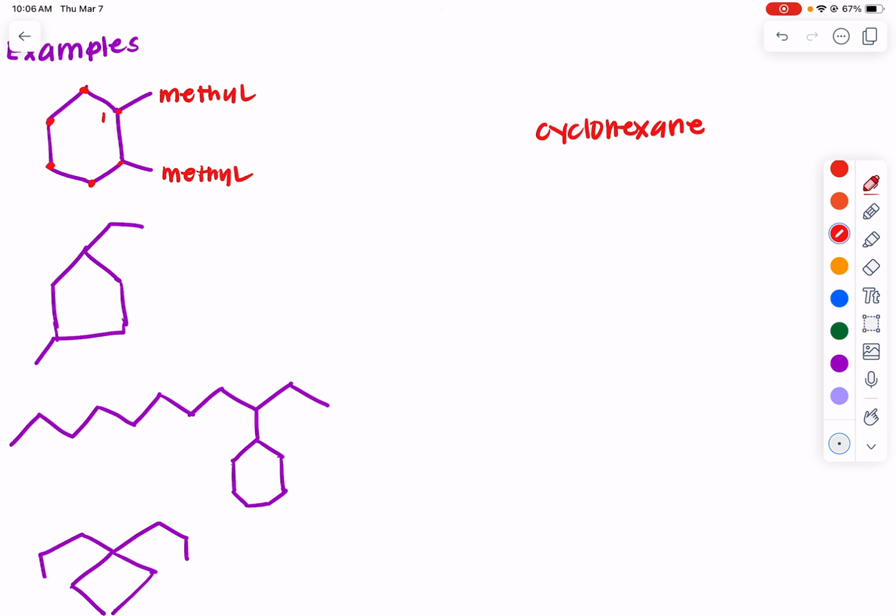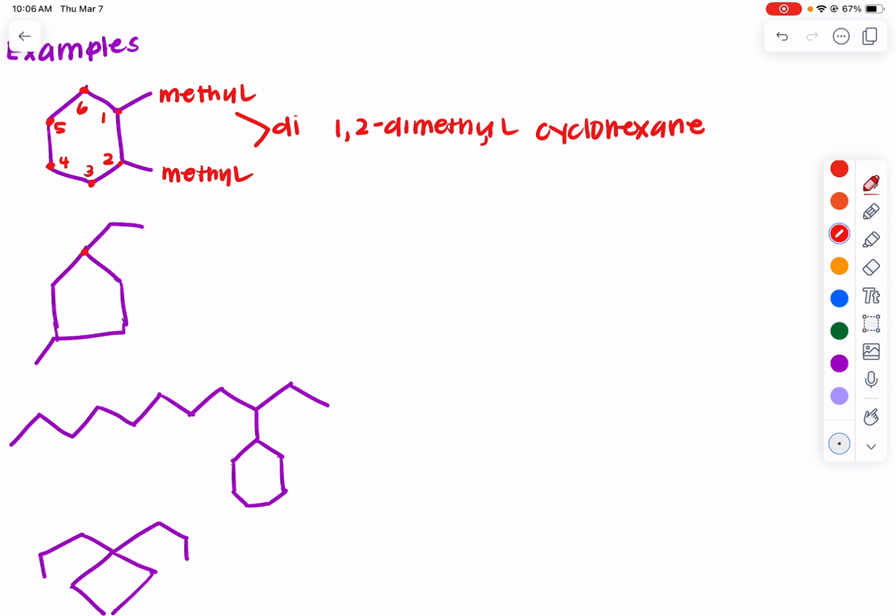We could start with this methyl or the one on the bottom, but we just have to go in this order so that the substituents have the lowest numbers. Remember that there's 2 methyls, so we have to group them together with di. So we have 1, 2, dimethyl cyclohexane.